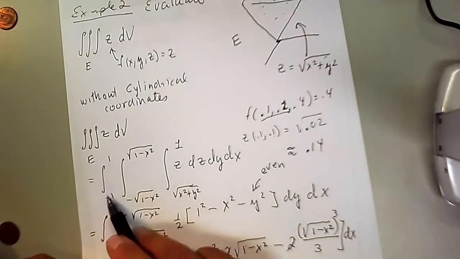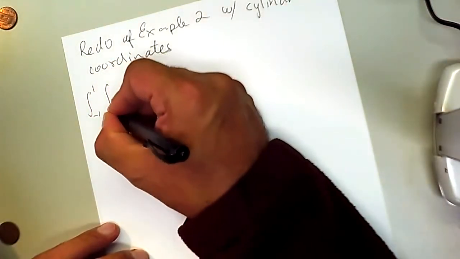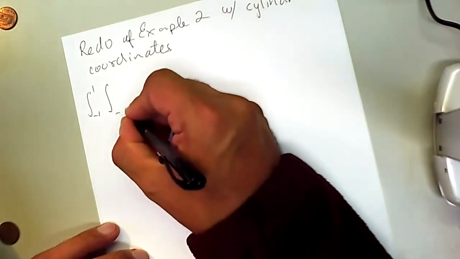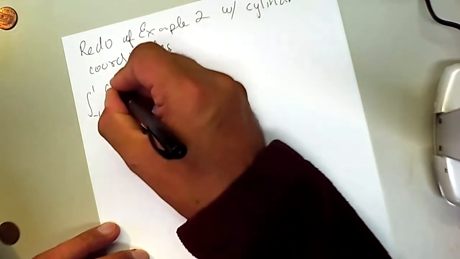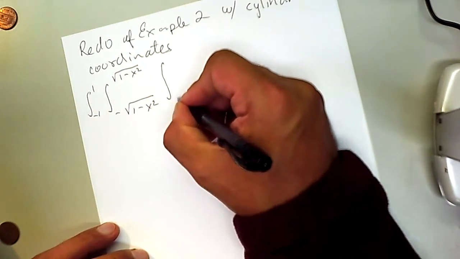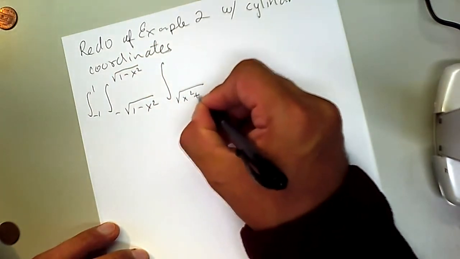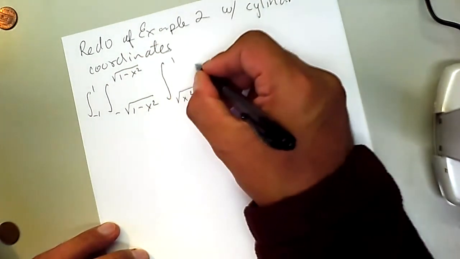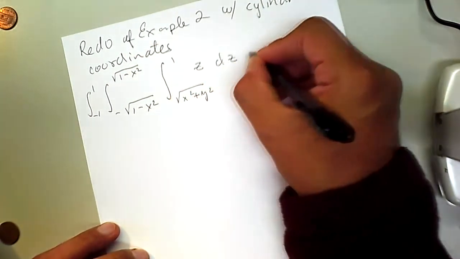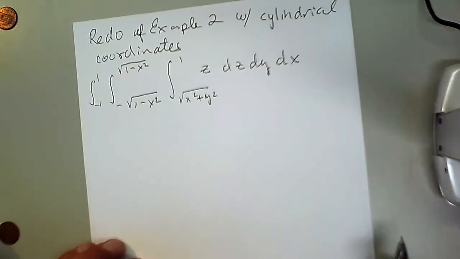It is the integral from -1 to 1. All right, let's copy that down. The integral from -1 to 1, from negative square root of 1 minus x squared up to square root of 1 minus x squared. Integral, the bottom is the square root of x squared plus y squared up to 1, z dz dy dx.